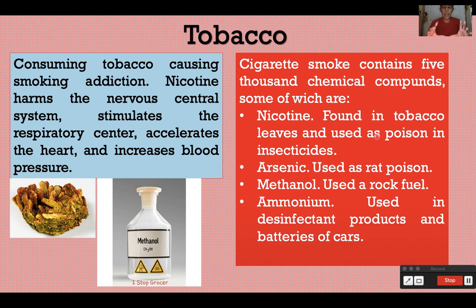Of course I didn't put all the chemical compounds because there are a lot, but I put some. First one, nicotine. What is nicotine? It is found in tobacco leaves and used as a poison in insecticides, which we use to kill insects. Second, arsenic, used as rat poison.